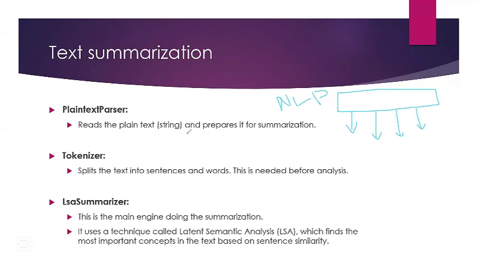So in text summarization, it's the same thing as in the previous example. Once we get the text, it's tokenized into smaller sentences or smaller words to analyze the text, right?